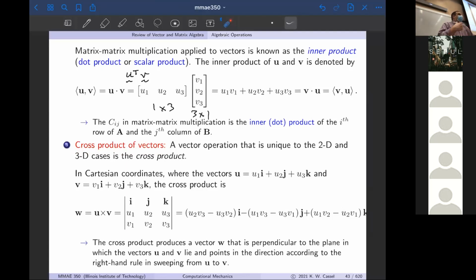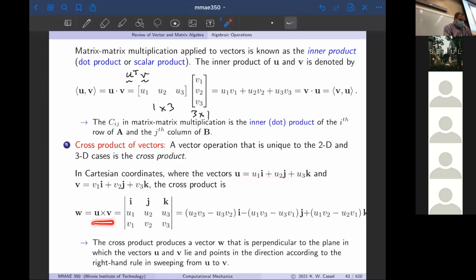We use it in statics and physics for things like moments and anything twisting, torsion, moments, and those sorts of things. So this is called the cross product because in the notation we use a cross, like so, to indicate it. So let's say that we have two vectors u and v, again 3-dimensional.